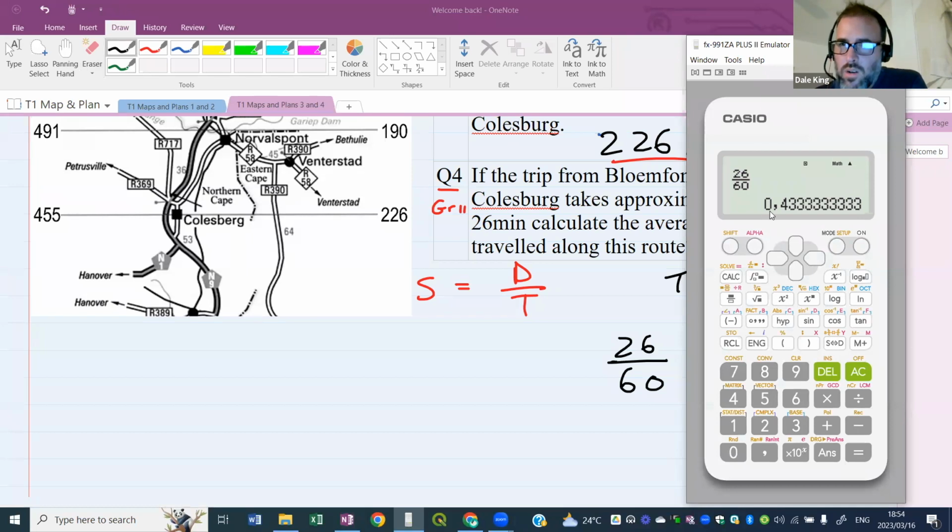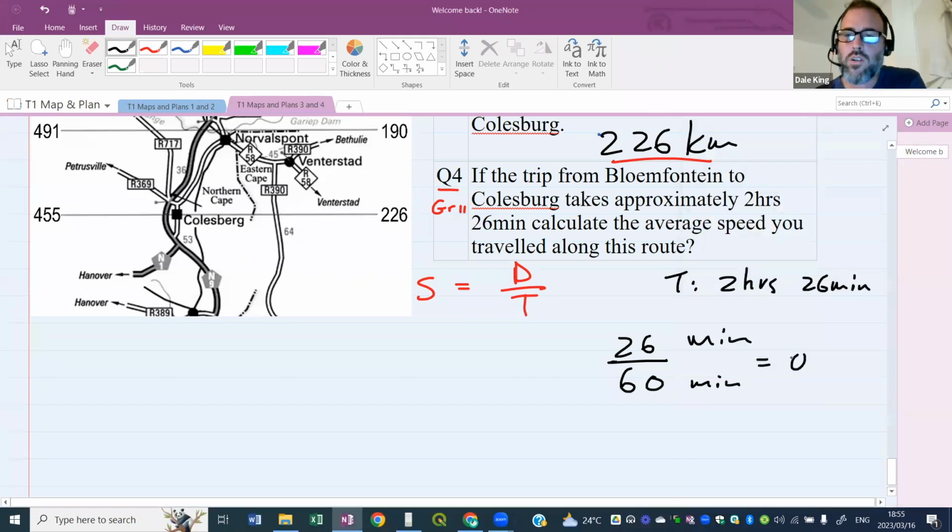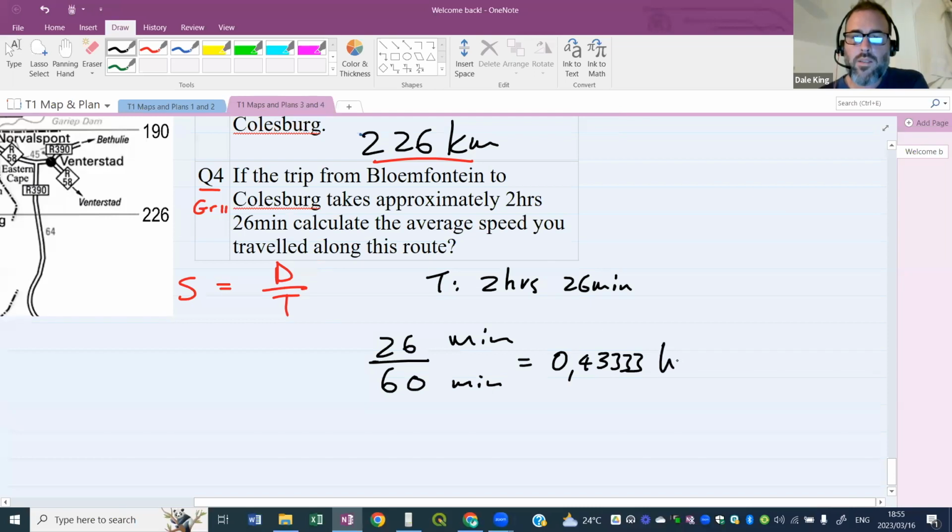That gives me 0.4 with lots of decimals. I'm going to round this off to 2 decimal places, even though, oh, you see, I just said don't round off during the question. All right, I'll write a couple of decimals. I'll do 4 or 5 decimals. That's safe. So 0.4333 hours. Okay. All right.